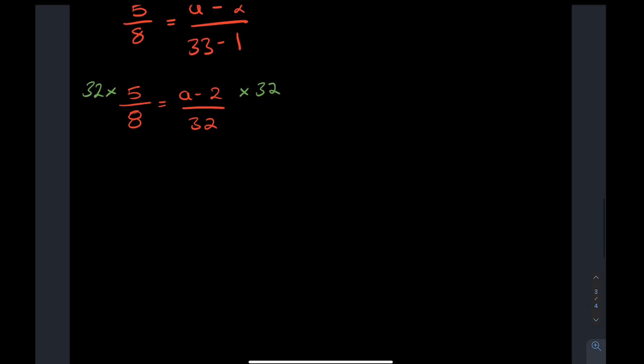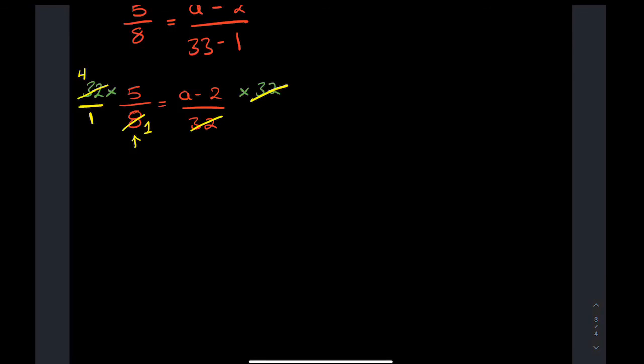And then you notice these will cancel. And how do we deal with it over here? Because pretend this is actually a fraction. This is just 32 over 1 times 5 over 8. Well, notice we can ask ourselves, how many times does 8 go into itself? Well, it goes into itself 1 time. How many times does it go into 32? It goes into 32 4 times.